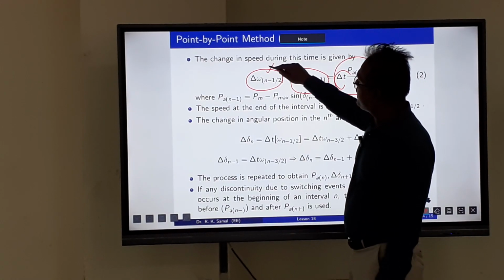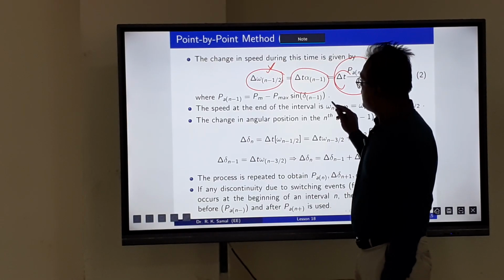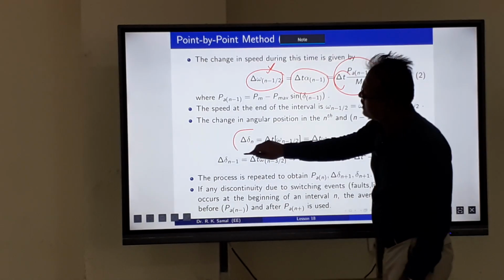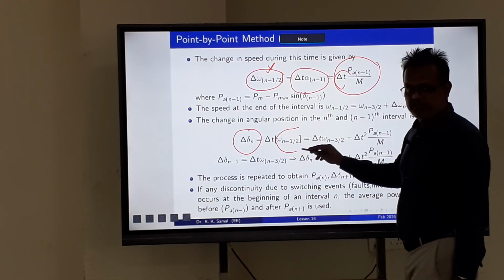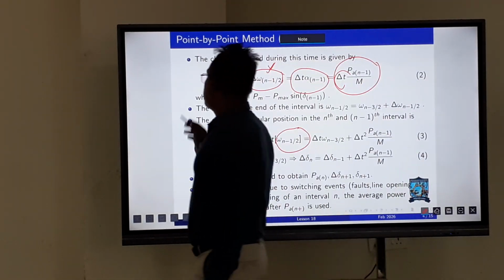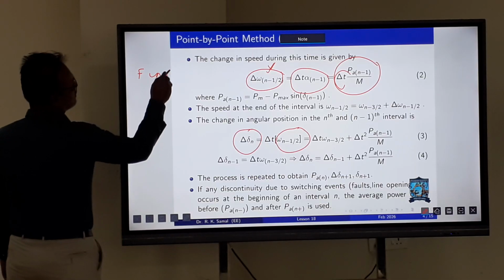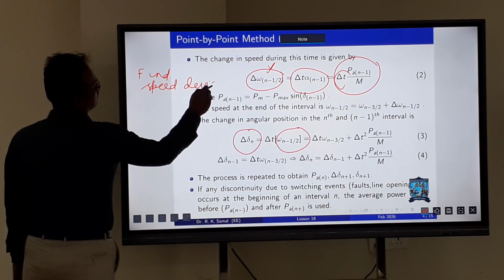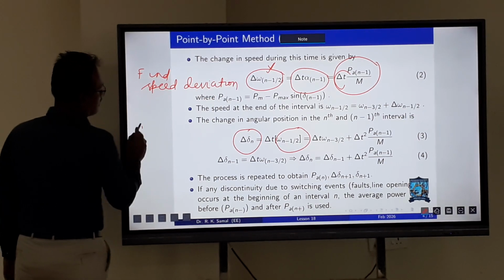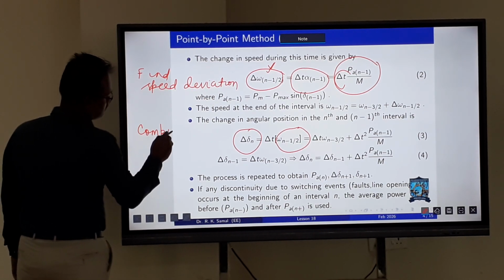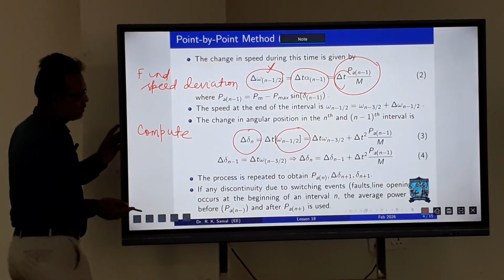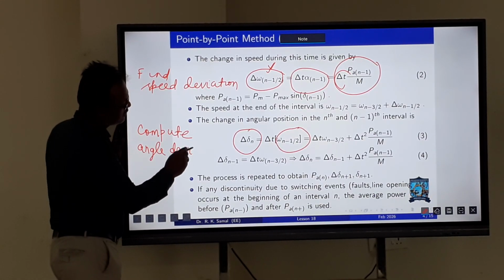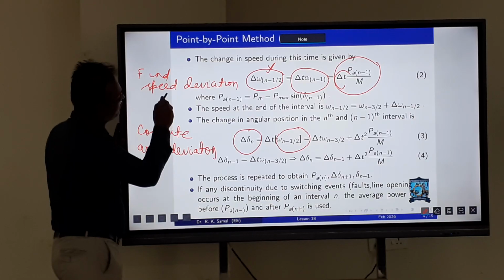So this is that speed deviation, and we find the variation of delta from it. So you find the speed deviation, then compute the angle deviation from this speed deviation.